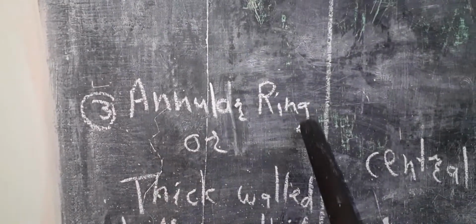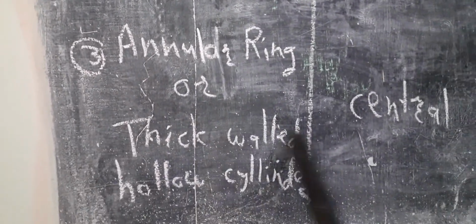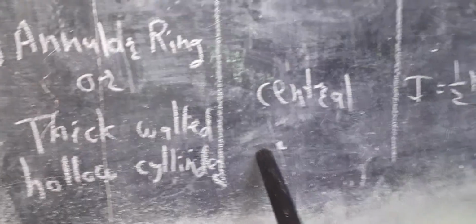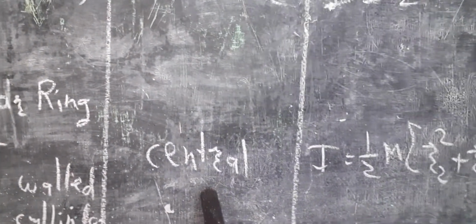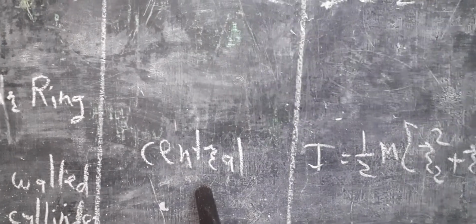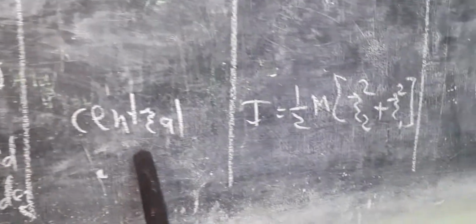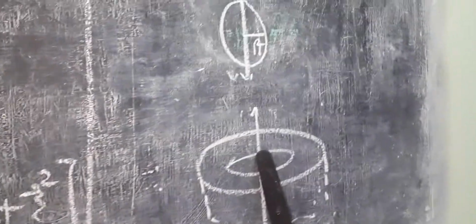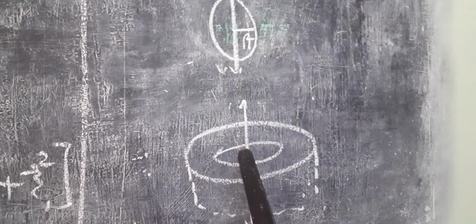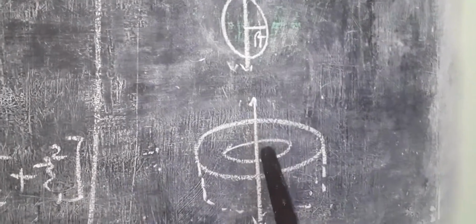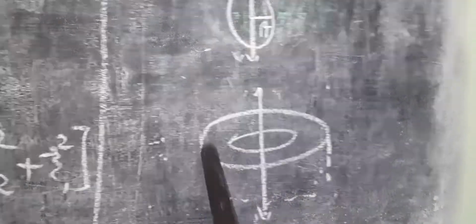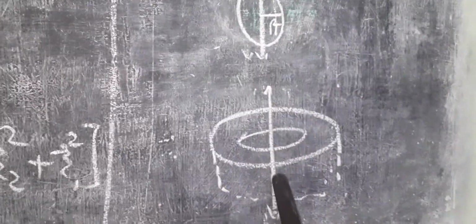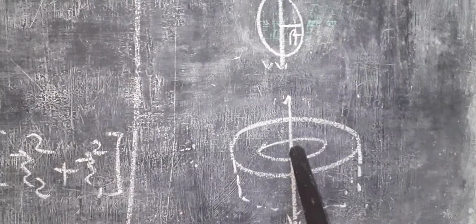The third object is annular ring, or we can say thick walled hollow cylinder. Again, axis is passing through point of symmetry, center point of the body, the center of mass of the body. Line which passes through the center of mass, midpoint, point of symmetry, and perpendicular to the plane of the body, this axis is called a central axis. So there are two types of radius.